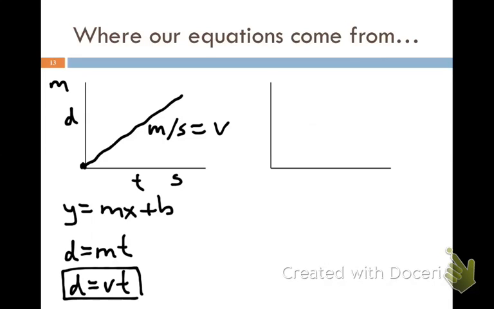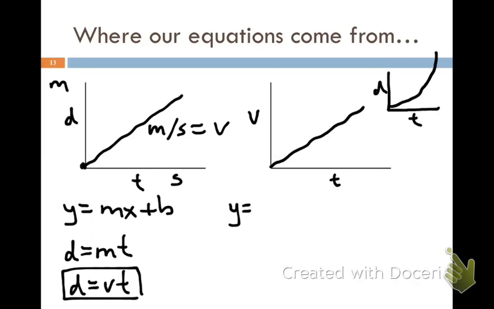We're going to do something very similar with this next graph, except now we're looking at a velocity and time graph. When we did that bowling ball experiment, in our distance versus time graph we had that curve that went up like that. If we were to make this a velocity time graph, our velocity would be increasing at a constant rate. So what's going on here? Let's do that y equals mx plus b equation again.